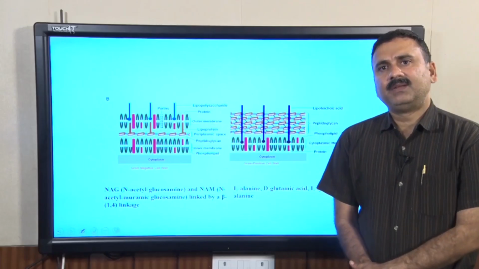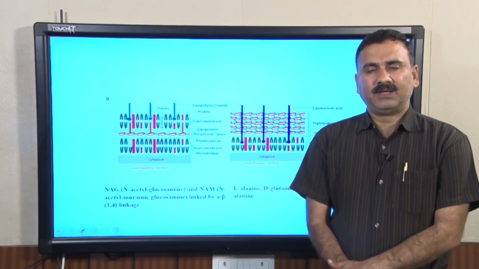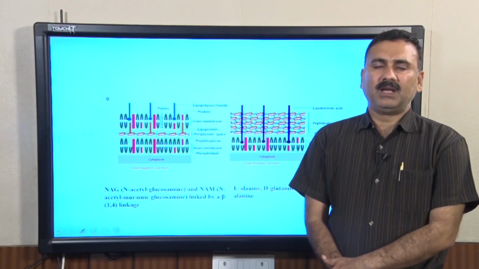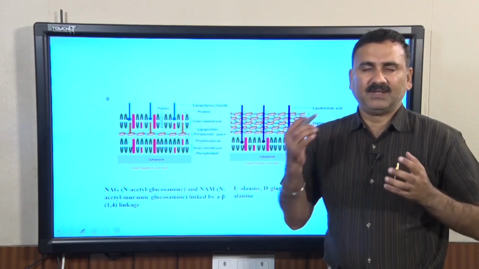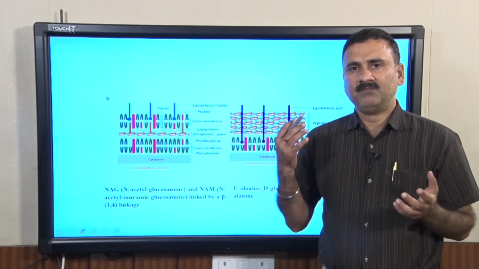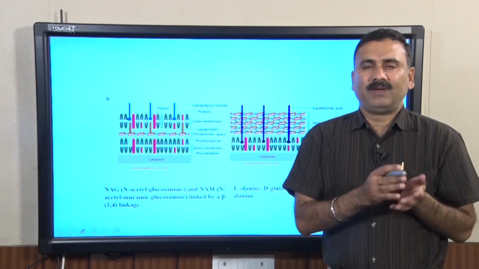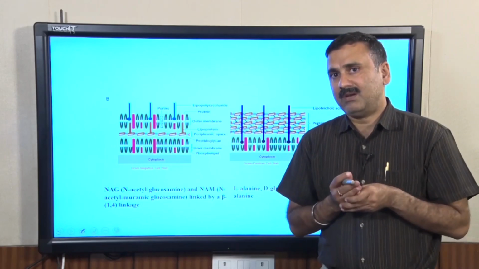What we were discussing was the different types of cell wall which are present in the gram positive as well as the gram negative bacteria. And in this discussion, we have discussed the contrasting features between the cell wall of a gram positive as well as a gram negative bacteria.